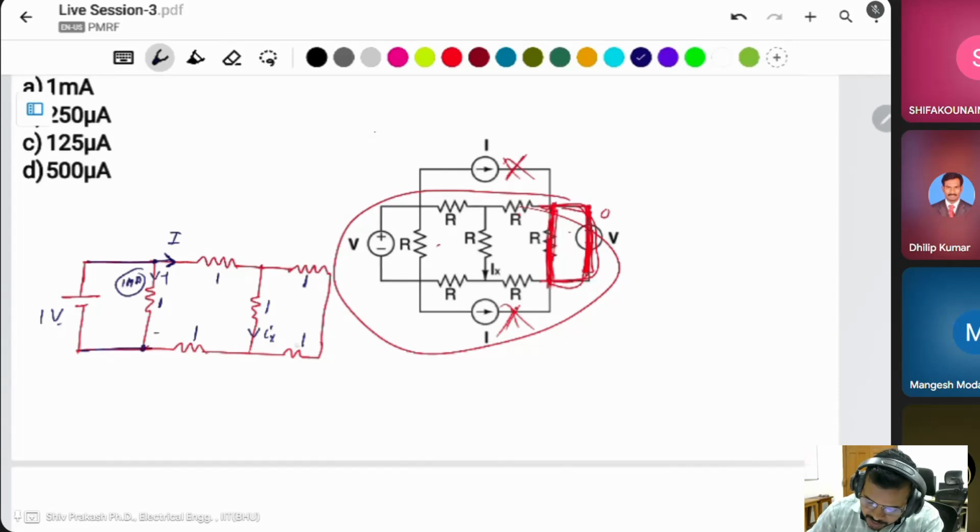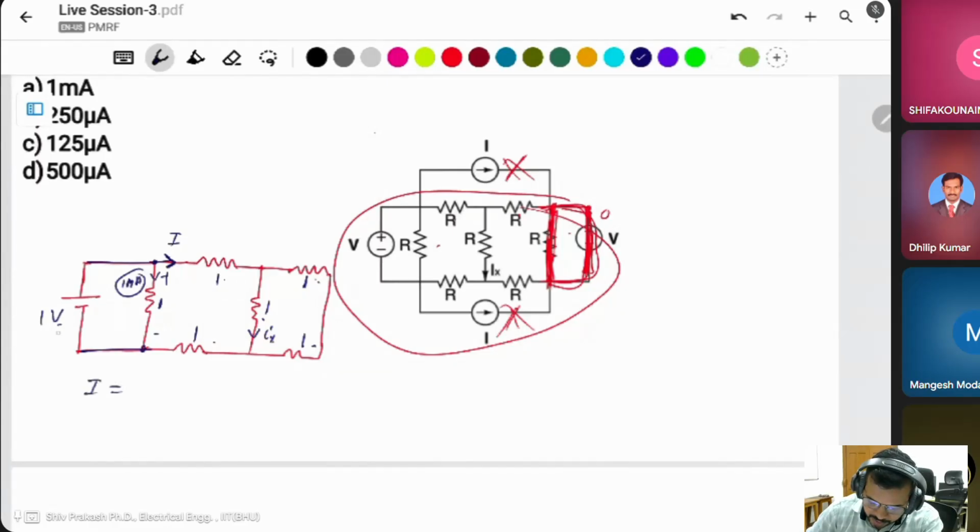All these resistances are connected in series. 1, this is 2, connected in series with the parallel of 1. What is the overall? 2 by 3, 2 by 3 plus 1 plus 1.